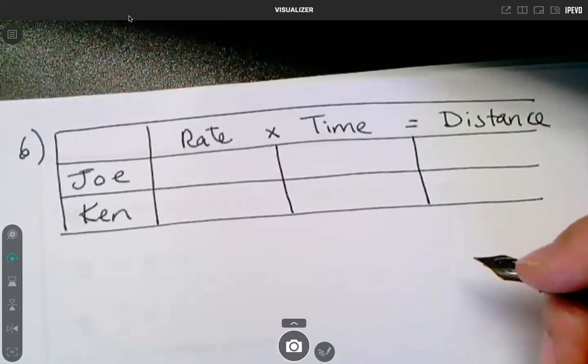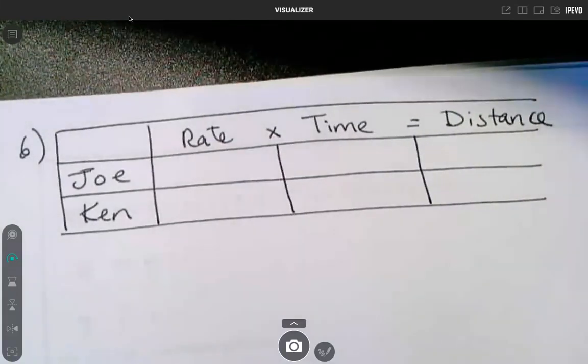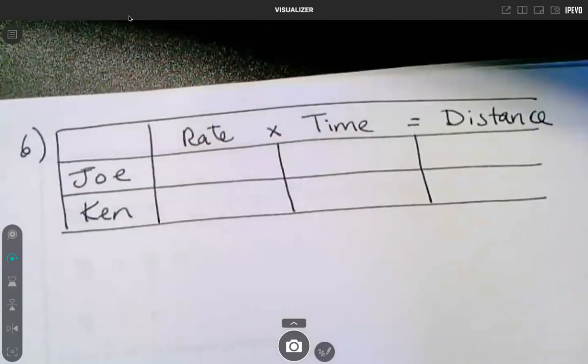That's 1.5 minutes every lap around. That's people who are in shape. Teenagers, boys mainly. To me, an 8-minute mile is pretty fast. And 1,760 yards in the mile. Okay.